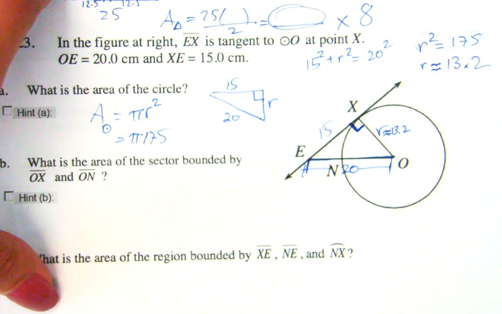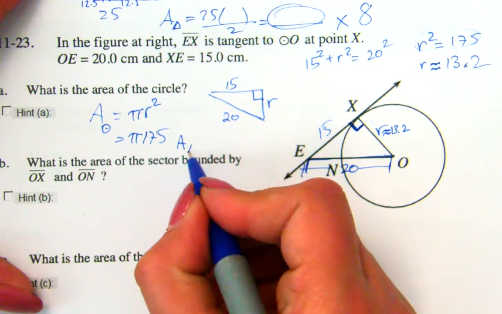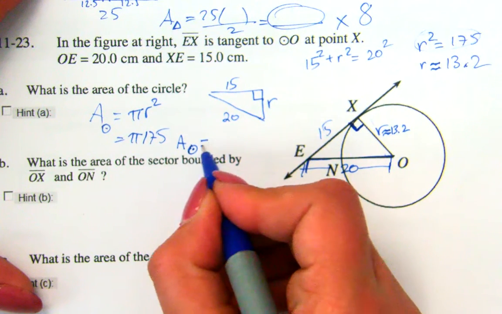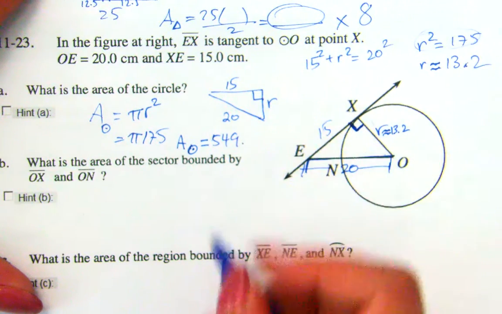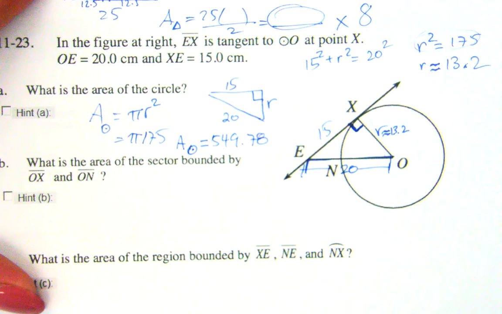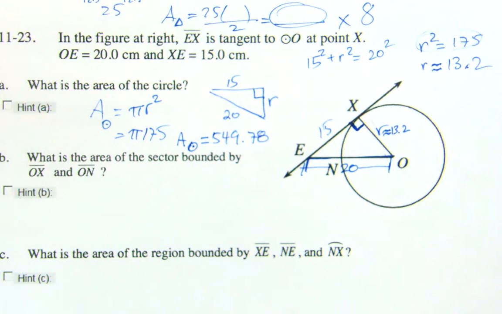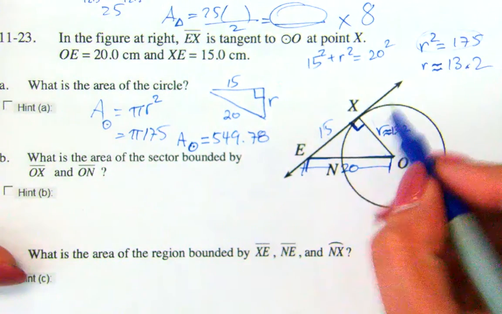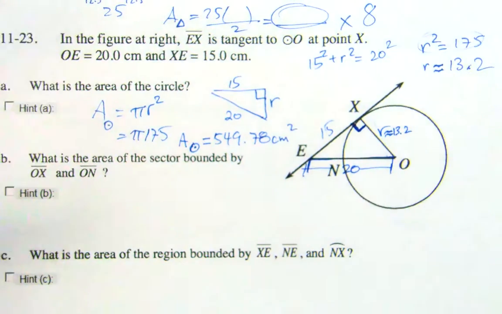And 175 times pi is going to equal somewhere around 549.78. I'm rounding to two decimal places since we're going to be using decimals everywhere in this problem. Okay, 549.78 is the area of the circle. Since it's in centimeters, centimeters squared.